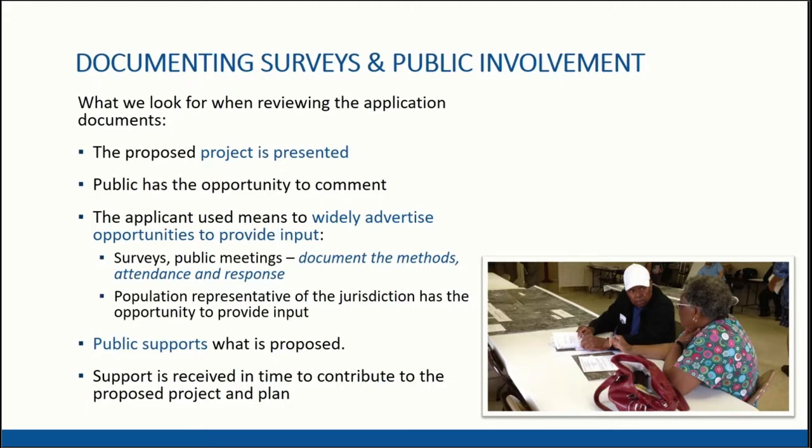So what have they provided at public meetings? And very important is that it's received in time to contribute to the proposed project and the plan. So if you're submitting minutes from a meeting 2 weeks before the deadline of this grant application, odds are that input did not go into preparing the plan. So you need to be working on that right now at the start of the grant cycle if you haven't already begun that.